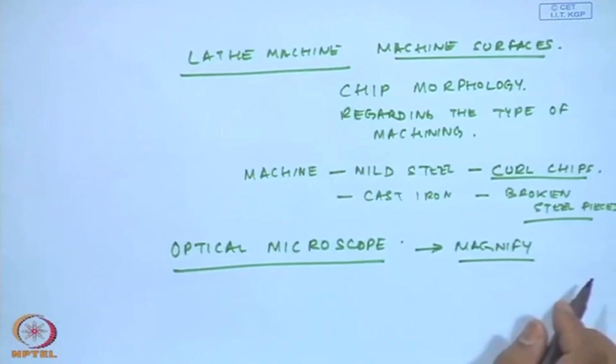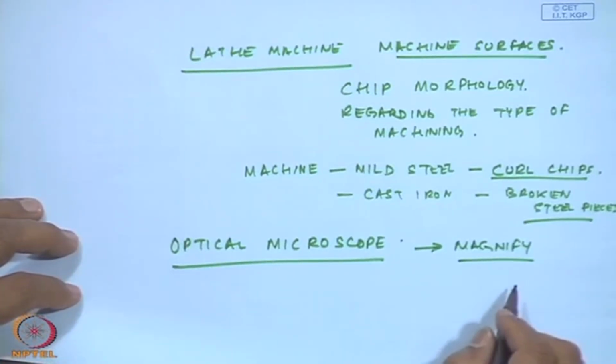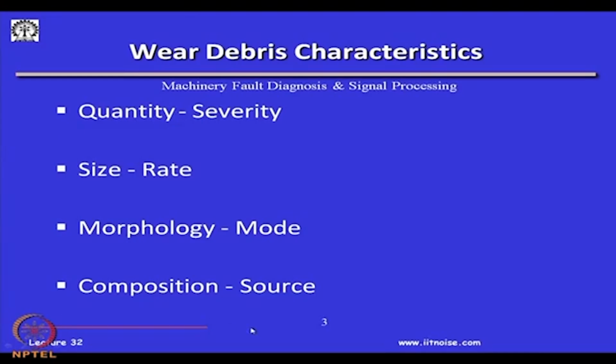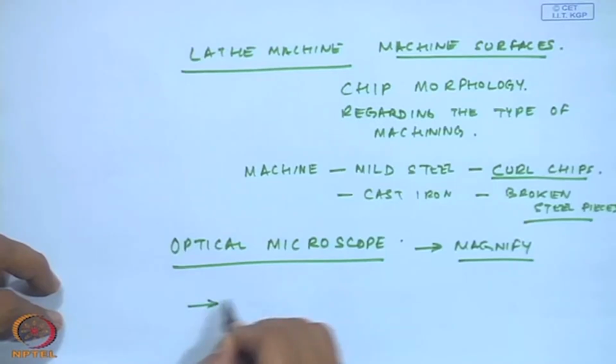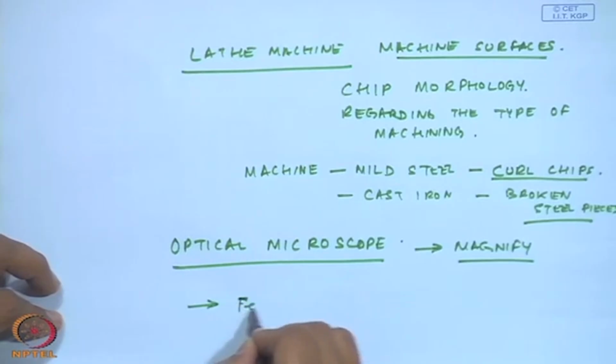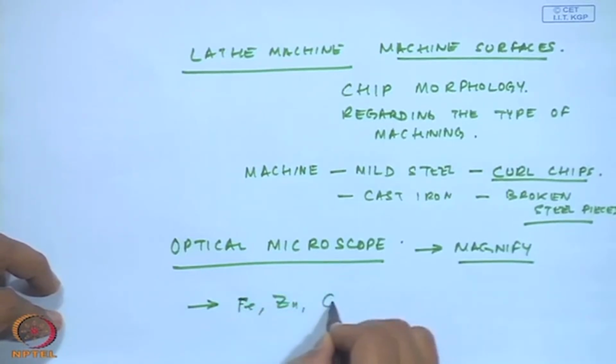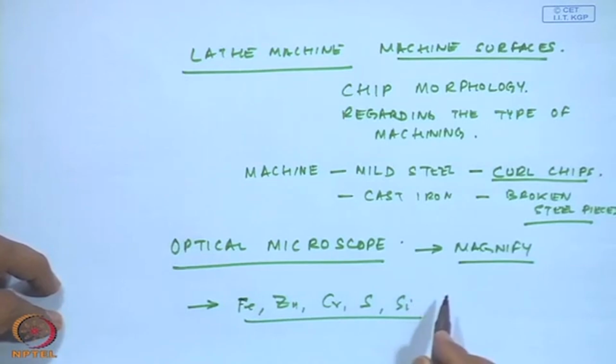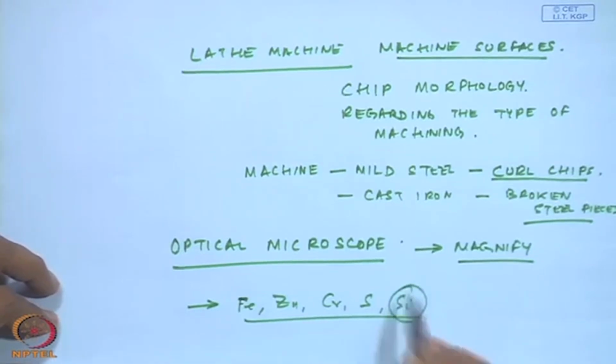Okay. And then the most important part is the composition of the wear debris particles. The composition of these wear debris particles will tell us what is the parent material in terms of the composition, whether it is a lot of iron, a lot of zinc, a lot of chromium, a lot of sulfur, a lot of silicon.